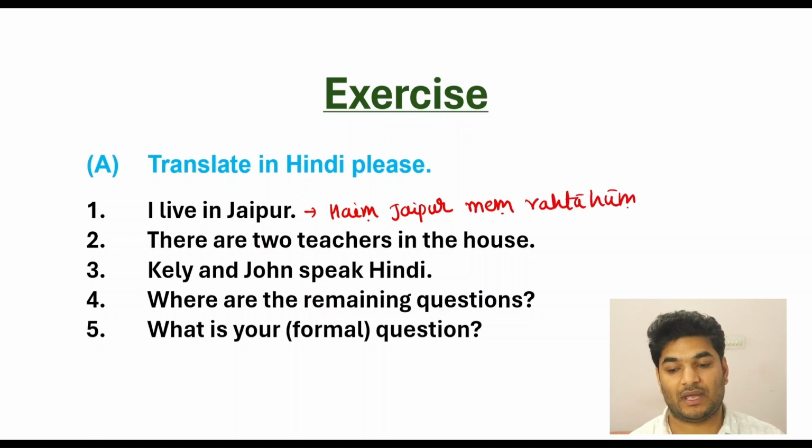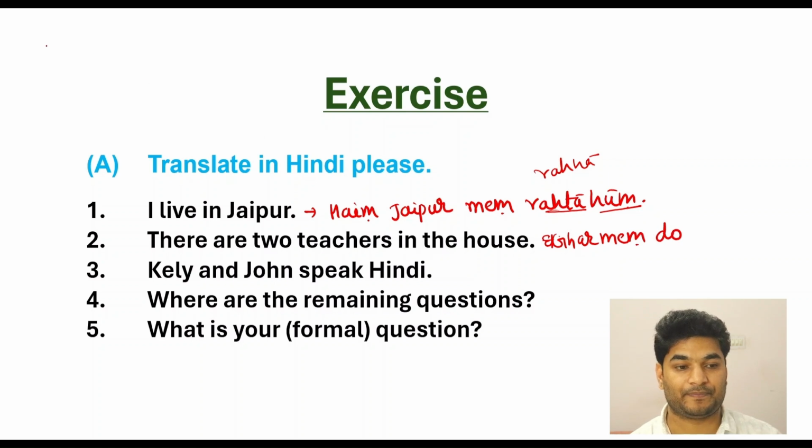मैं जयपुर में रहता हूँ. रहता, रहना is conjugated with the मैं and हूँ as a helping verb. There are two teachers in the house. The place घर, घर में दो अध्यापक हैं. अध्यापक.